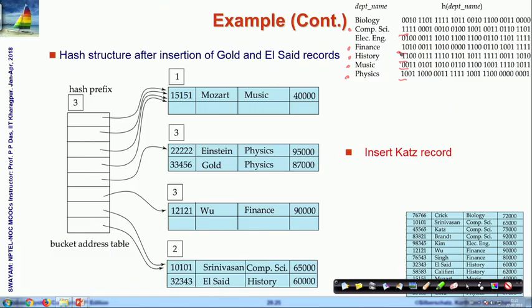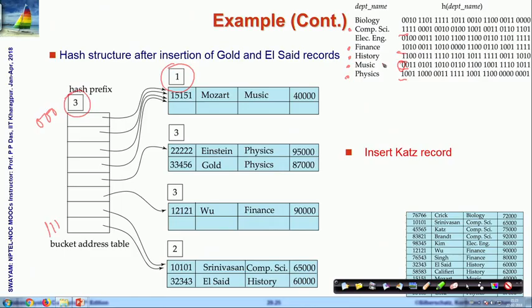So, you need to expand in terms of the number of bits that you look at. So, you increase that to 3 and now you have 0 0 0 to 1 1 1, but as I have explained, not all buckets really need to look into so many bits. Mozart, this bucket continues to be with a local depth of 1, because if you look into all these 4 different cases, then music is the only one which has a prefix 0, everyone else has a prefix 1.